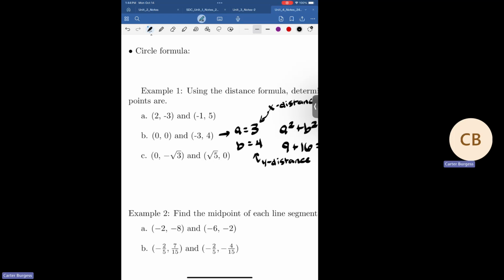What's the distance from negative? So whenever we're doing distance here, we're always going to subtract. So -3 minus 5 to go from -3 to positive 5. Looks good.